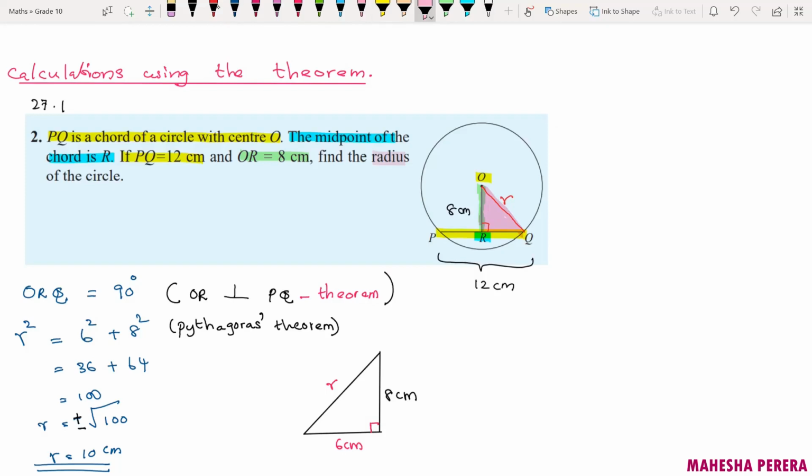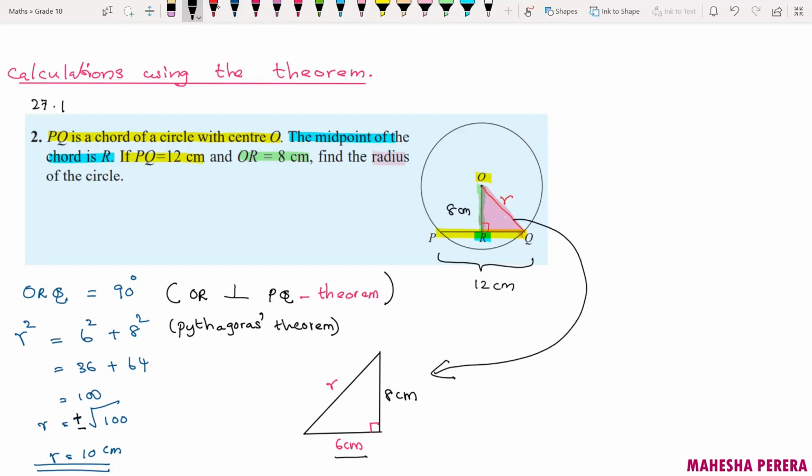Simply we can find the radius using the Pythagoras theorem. This is our right angle. The hypotenuse is the radius now. So this length is 8 centimeters and this is 6 centimeters.